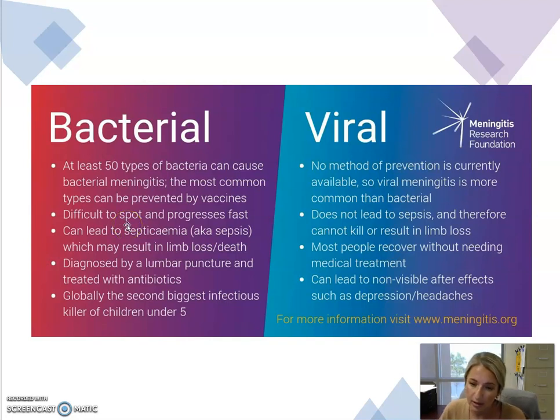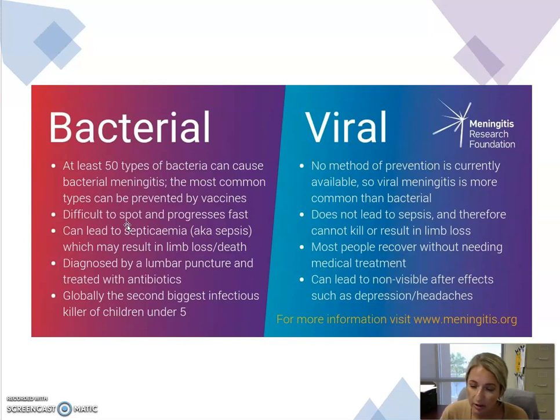With bacterial meningitis, the bacteria are able to release toxins, and those toxins can get into the blood, and they can create a lot of complications. They can put a patient into sepsis, which would cause their blood pressure to drop, and then they'd no longer be getting enough oxygenated blood to organs and tissues, which can cause coma and eventually death.